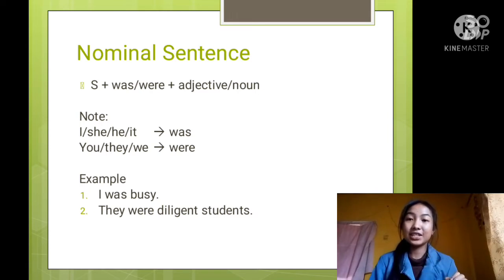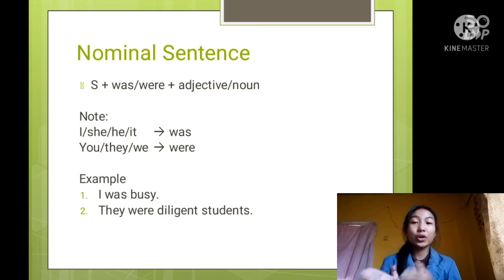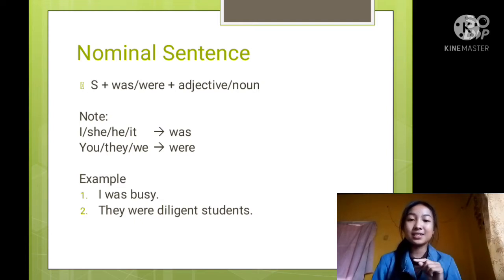They were diligent students. They here is a plural subject, so we use were as the to be, and diligent students is a noun. It is a noun phrase, but in this case all of it functions as a noun.